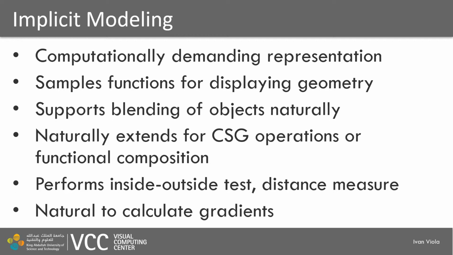In implicit modeling, we will be having some functional representations most often, where the advantage is that we can very flexibly change the topology of certain objects. So imagine, for example, water droplets.